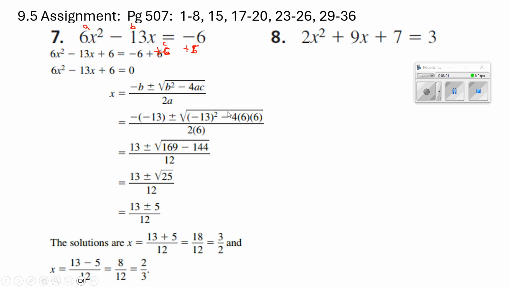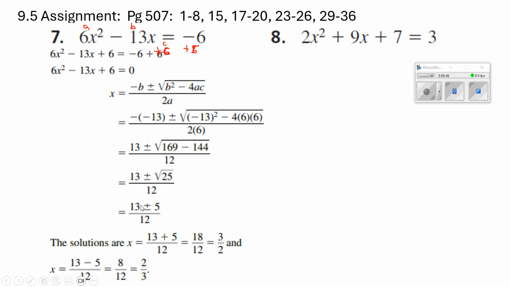And we have 6 times 6, well, that's 36. 36 times negative 4 would be negative 144. Now 169 minus 144, that's 25. So now we've got the square root of 25, which is 5. So this is going to turn to 13 plus or minus 5 divided by 12.